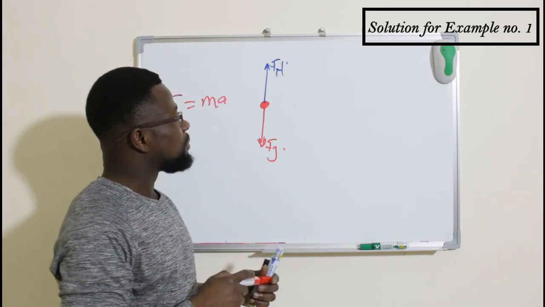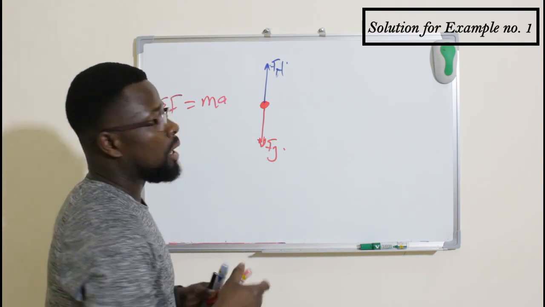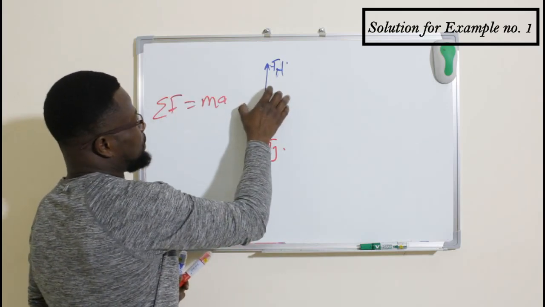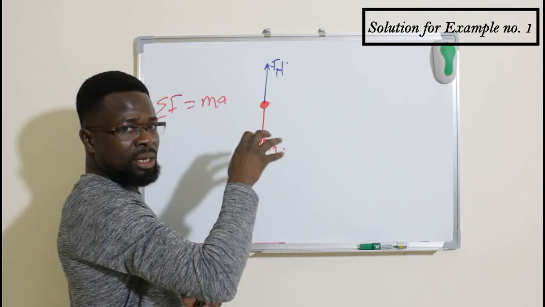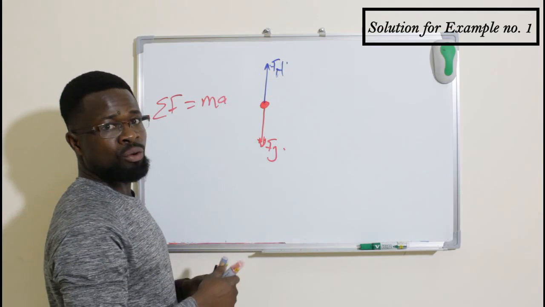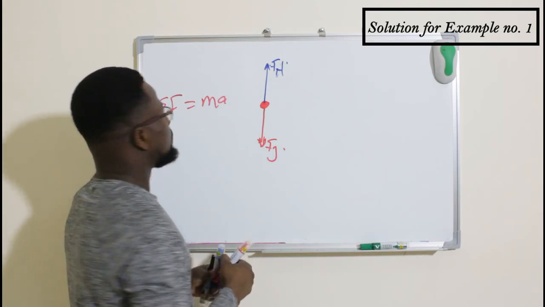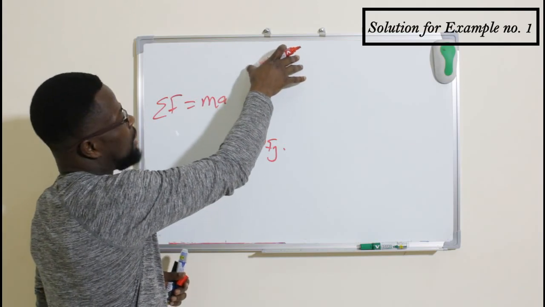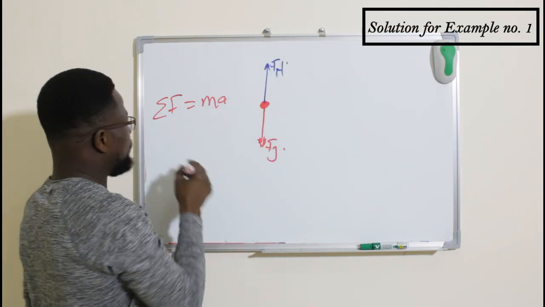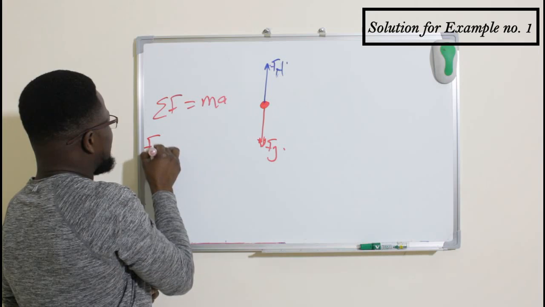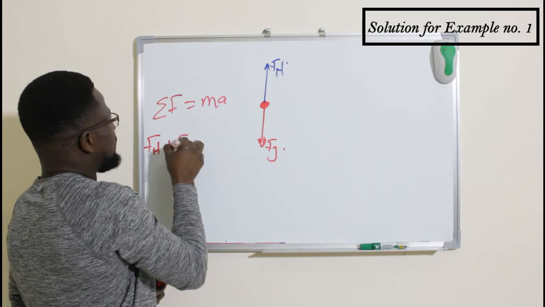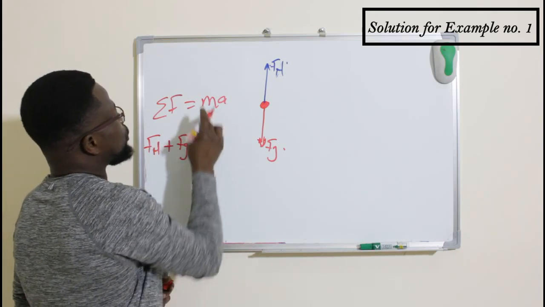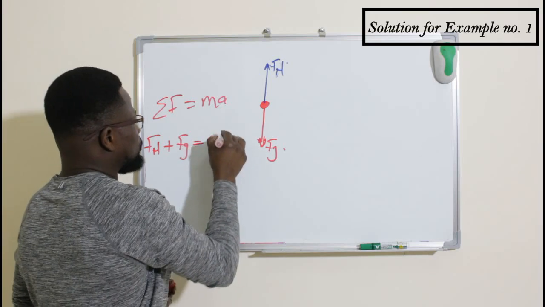And remember from this point that here the object is stationary, therefore the net force is equal to 0. So I can say the forces that are acting are the normal force and the weight, which means that F net plus Fg is equal to ma.